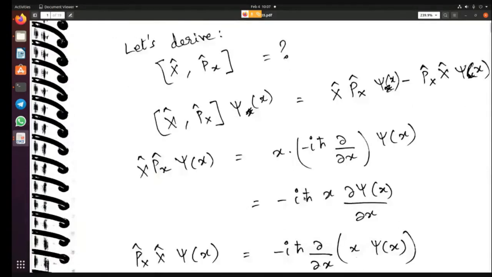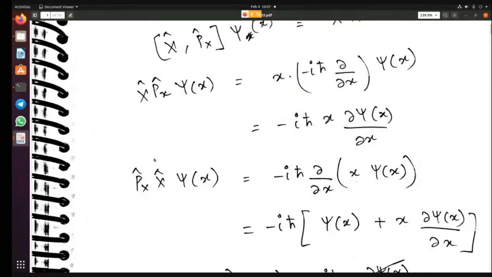Now you also have to find px x psi of x. Again you have to maintain the order of the operators. First you have minus i h cross dou by dou x, then x, and then psi of x. So dou by dou x is now acting on the full function, x into psi of x.